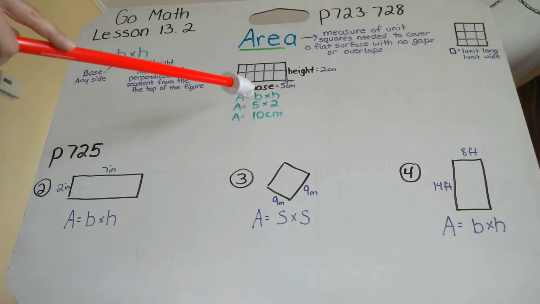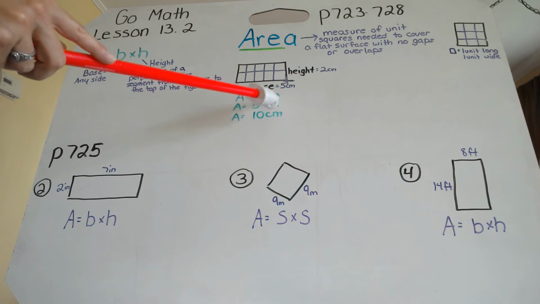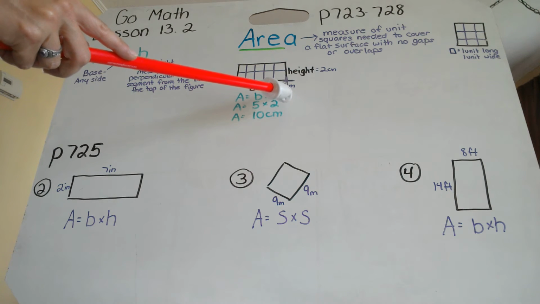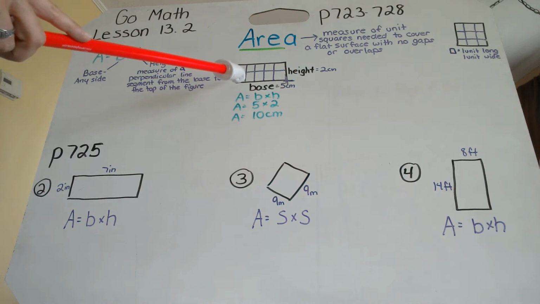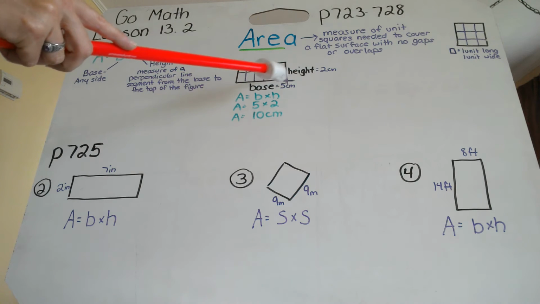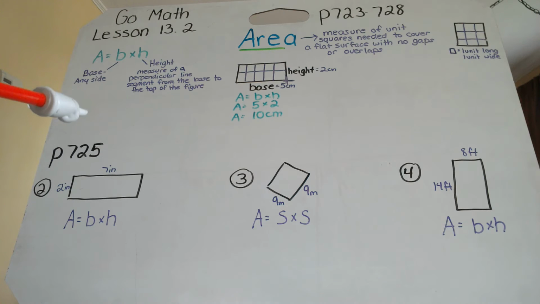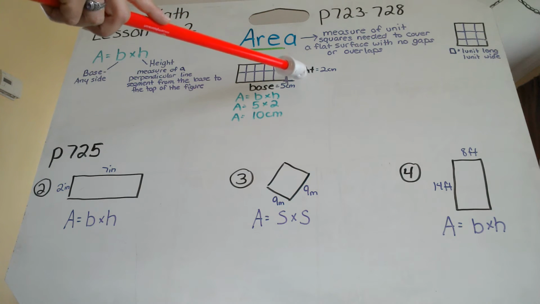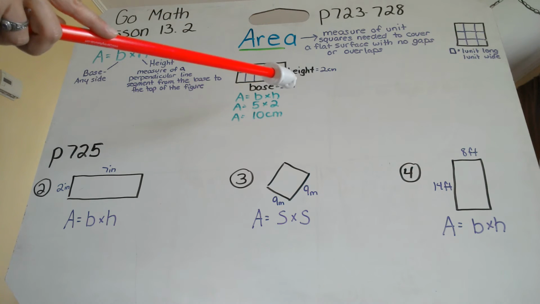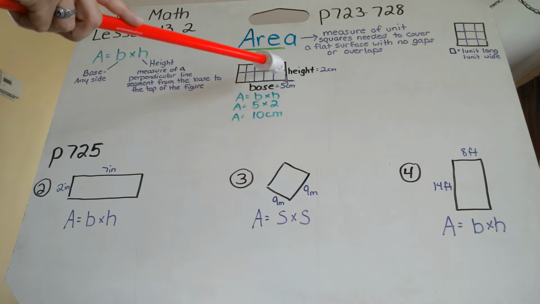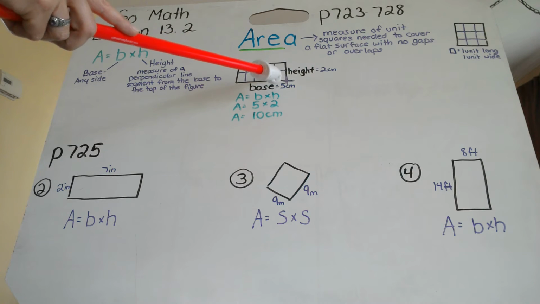So in this case, area equals base times height. Now my base is 5, I called it centimeters. I know it's 5 because I said, oh, 1, 2, 3, 4, 5. All I did was count my unit squares. So my base is 5. Now my height is 2 centimeters, and I got that because I went in and I counted my unit squares. 1, 2.